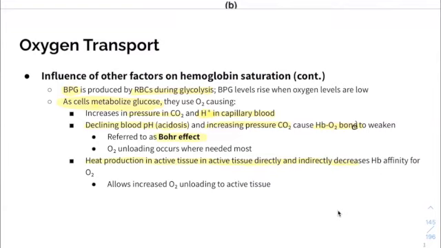Then we'll finish the rest of this before the end of the class period. We'll do a review of the rest of this information of the entire respiratory system for what we need for the test. So I'll put that together before next Thursday.